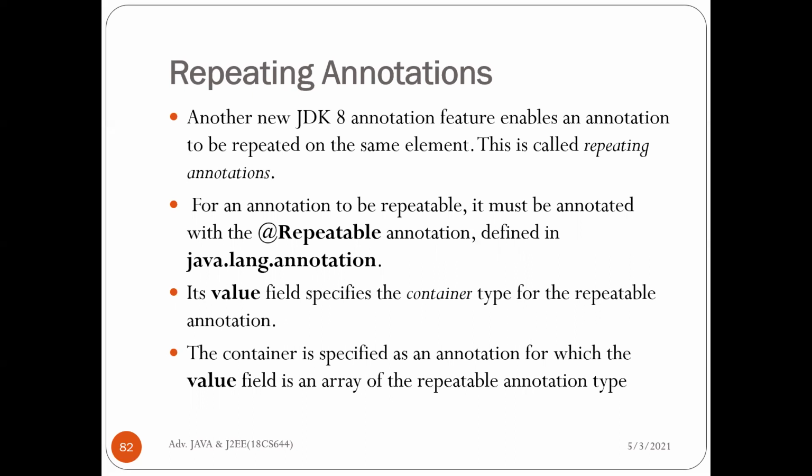And for the annotation which we want to be repeating, we have to use the keyword @Repeatable. Again, this Repeatable annotation is added in the java.lang.annotation package. The value field specifies the container type for the repeatable annotation. So a container is specified for which value field we want to apply the repeatable annotations.